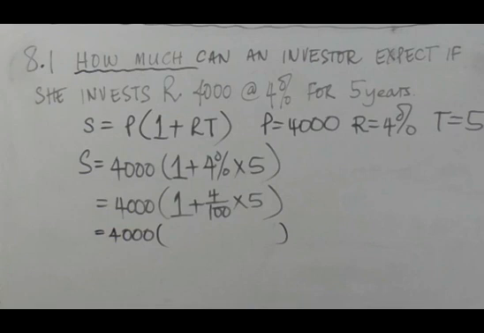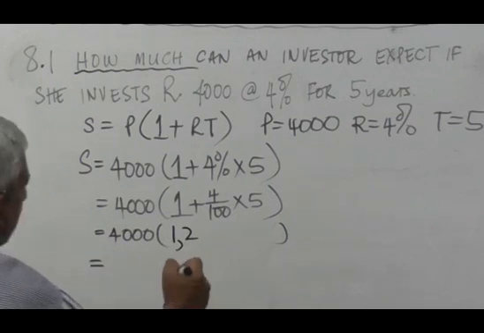So that part you put in your calculator. It is 1 plus 4 divided by 100 times 5 is equal to, and you get the answer, change it to a decimal fraction, you get the answer 1,2.